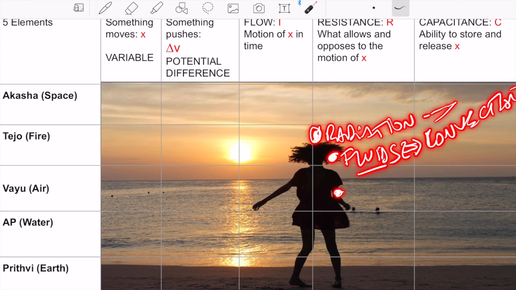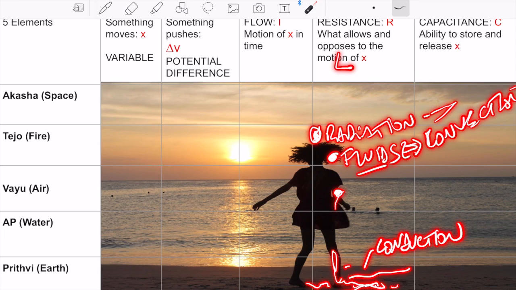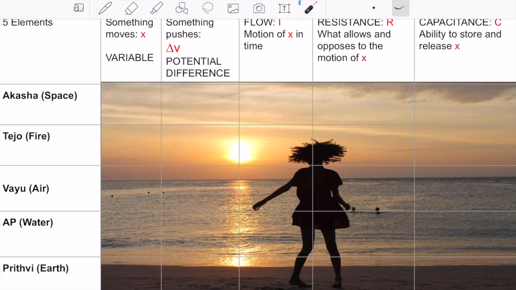And finally, if it goes straight away from your body by earth, by molecule to molecule, that is what we call conduction. So it's three ways or three resistances to the flow of heat, related to the fire element, right? Resistance.